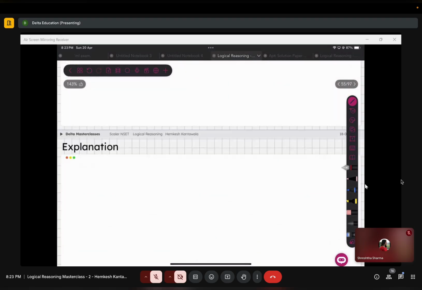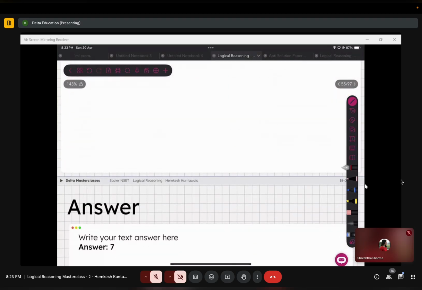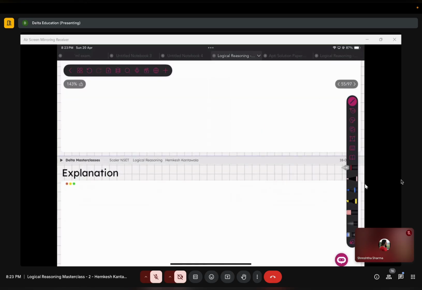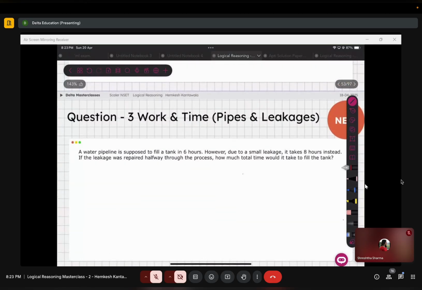Let's see the correct answer. The correct answer is 7. Yeah, Atta is correct. Is anybody else solving or got the answer as 7 or anything other than 7? Anybody else got the correct answer?